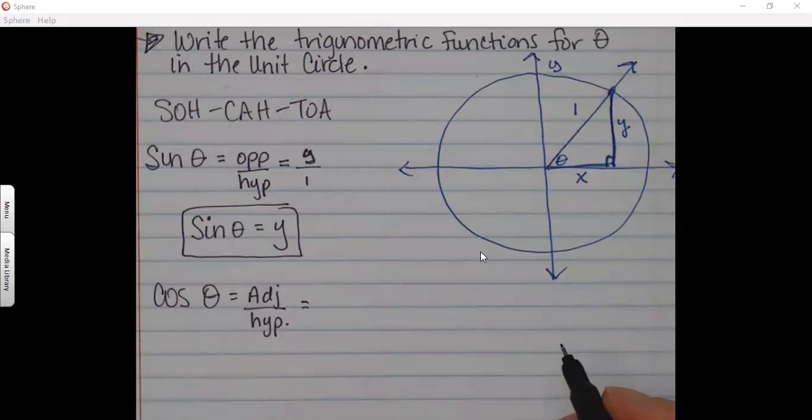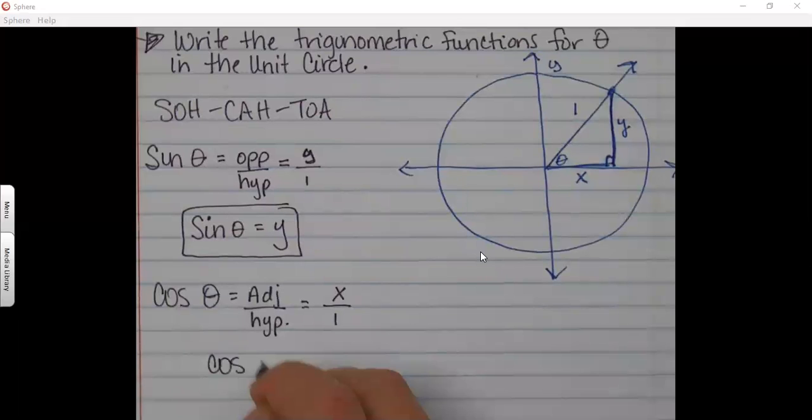What's the measure of the leg adjacent to theta? X. And what's the measure of the hypotenuse? 1. And x divided by 1 is just x. So when we're talking about the unit circle, and I say, what's the cosine of theta? All you have to do is figure out what's your x value, and that's going to be cosine.